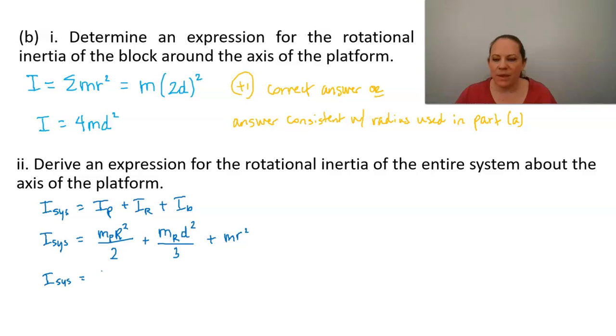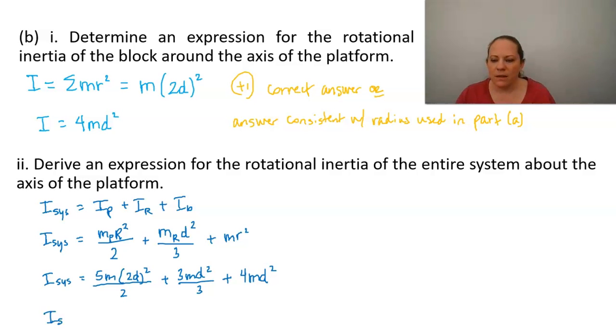Because we know the mass of the platform was 5m, we know the radius of the platform is 2d, and we'll square that whole quantity, divide by 2. We know that the mass of the rod is 3m times d squared, all divided by 3. And then, of course, we just found that the rotational inertia of the block was 4md squared.